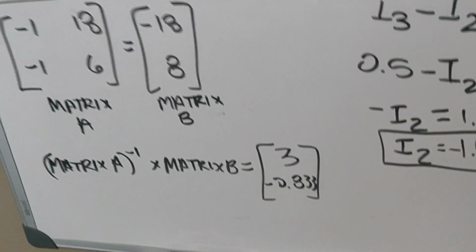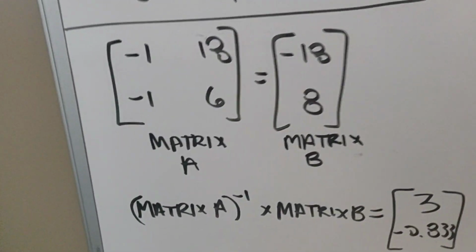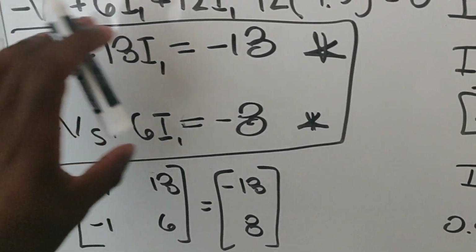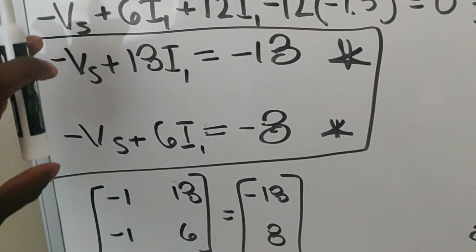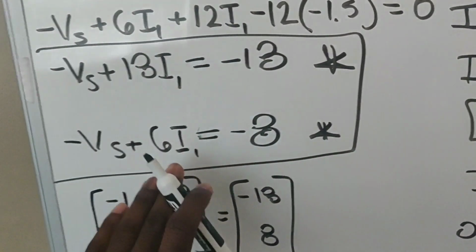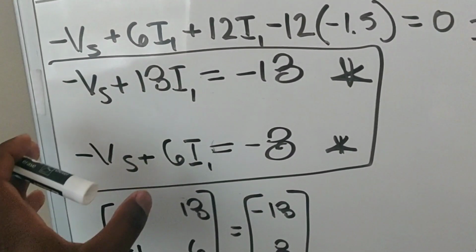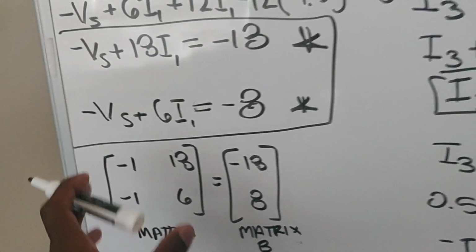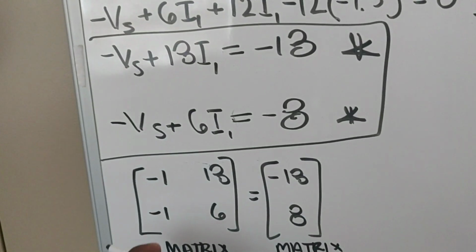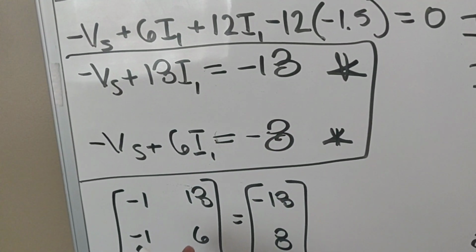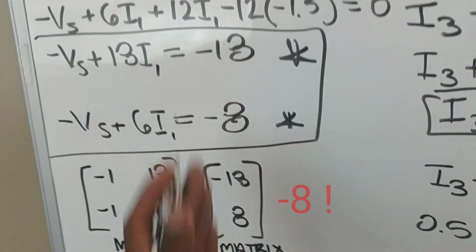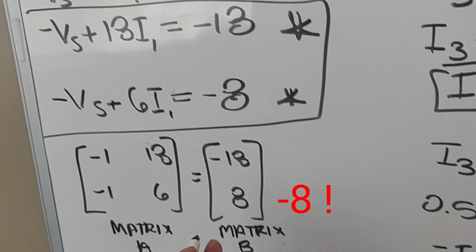Our matrix A comes from our left side of the equation, and you want to line up your unknowns and the coefficients for your unknowns and plug those into your matrix. So we have -1 here, a -1 here, we have a positive 18 here, and a 6 here. And in our matrix B, we're going to have a -18, and we're going to have an 8.